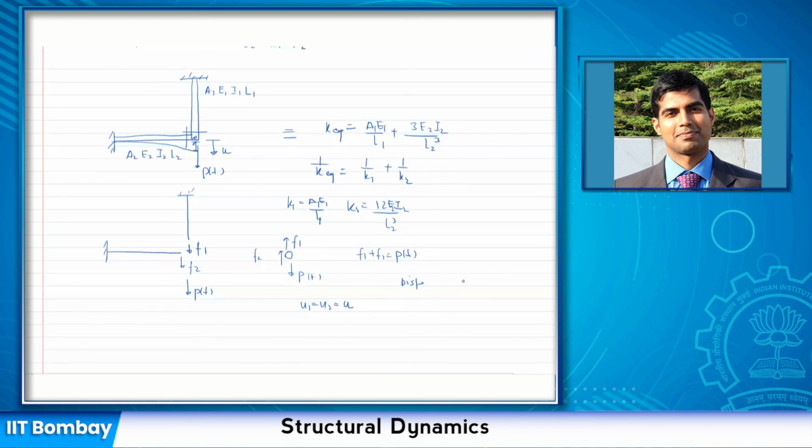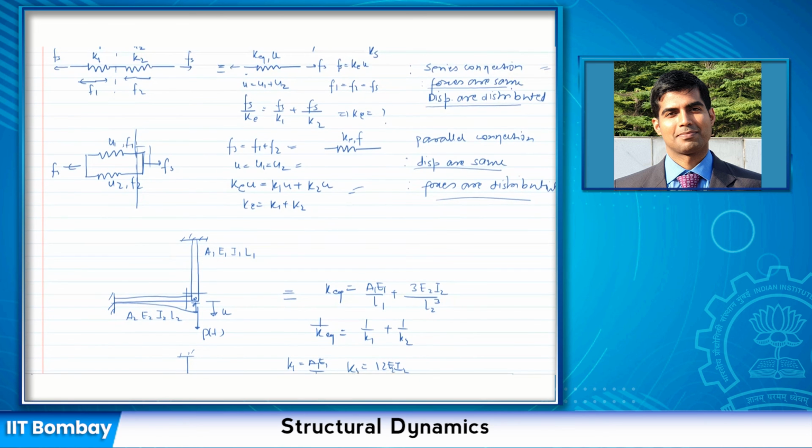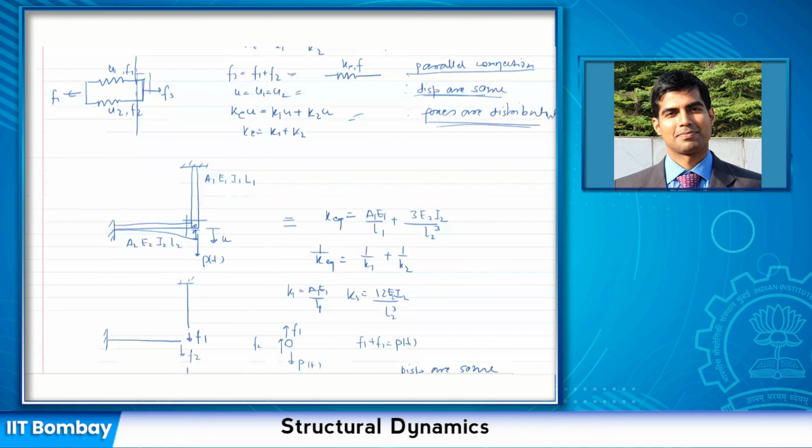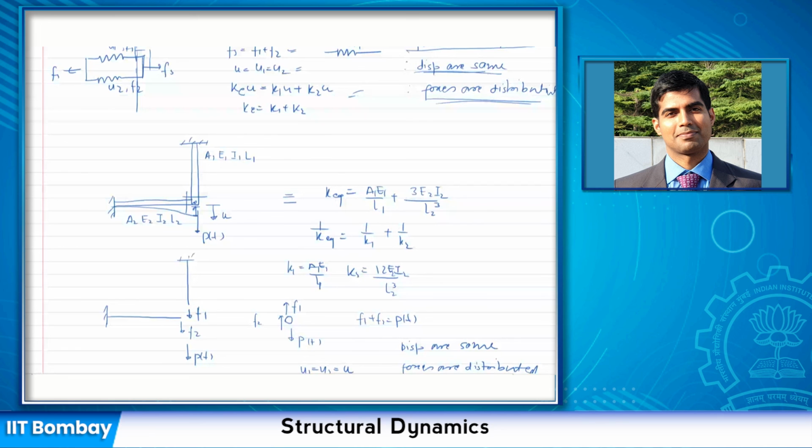Displacements are the same, but forces are distributed. Looking back at the rule, this seems like a parallel connection. So nice try, Avish, but next time you have to consider how the forces and displacements are being distributed. That will help you in determining the connection type.